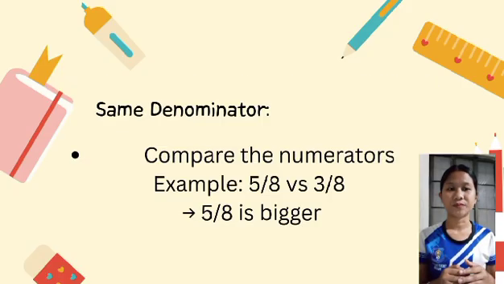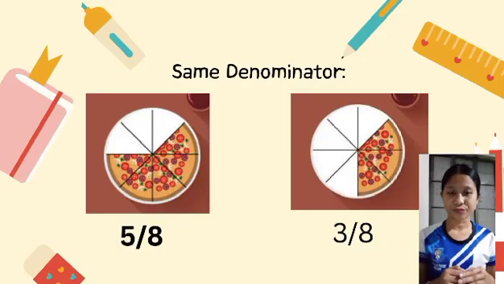For example, 5/8 and 3/8 both have the same denominator, which is the number 8. So we compare the 5 and 3. Which is bigger, the 5 or 3? Yes, very good. 5 is bigger than 3, so 5/8 is bigger than 3/8.